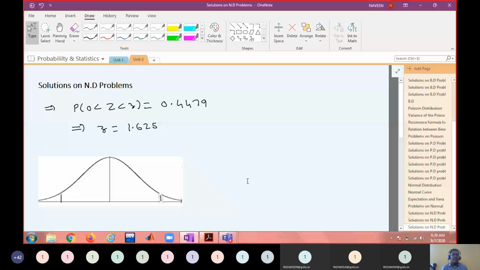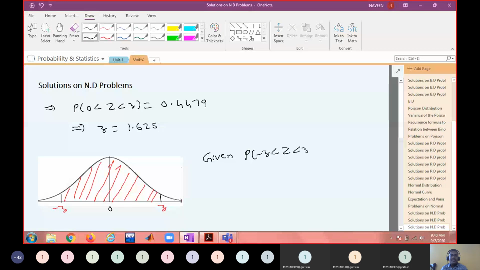Okay, so the area between minus z and z is this much. So this is minus z, this is z, this is the origin. Given that probability that minus z less than Z less than z is equal to 0.9.